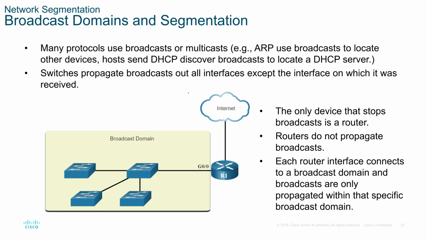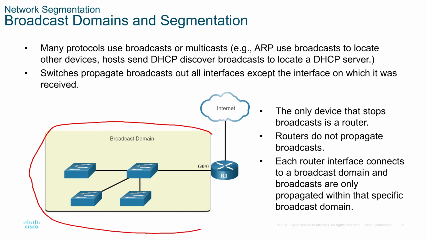So as we can see here in the diagram, the broadcast domain is everything within that box, and it ends at the router. Since the switches will forward a broadcast, they are all part or internal to the broadcast domain.